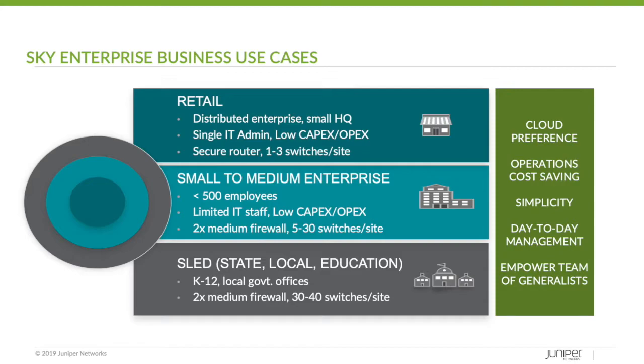Small to medium enterprise, so less than 500 employees or something of that nature, limited IT staff, a couple of firewalls, maybe a larger site, and then 5 to 30 switches or so. And then state, local, education, K through 12, local government offices. Very similar to the small to medium enterprise, a couple of medium-sized firewalls, 30 to 40 switches.